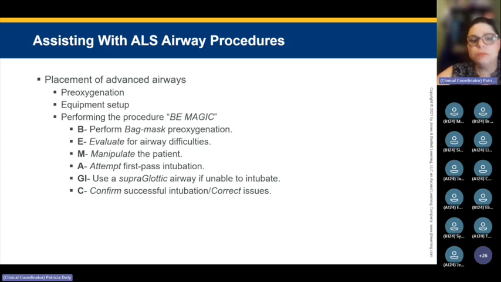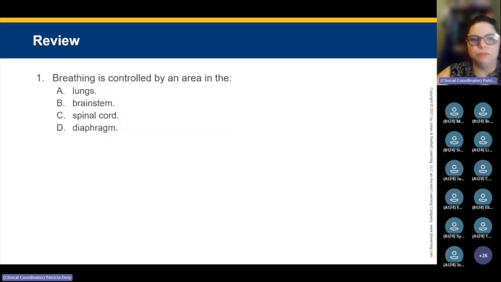Then we're going to have our attempt at first pass intubation. Sometimes you have to use a supraglottic airway if unable to intubate, because we don't want to continue to do something that we couldn't do the very first time. That's why we call it attempt first pass. And then C is confirm successful intubation or correct any issues that you may come into contact with.